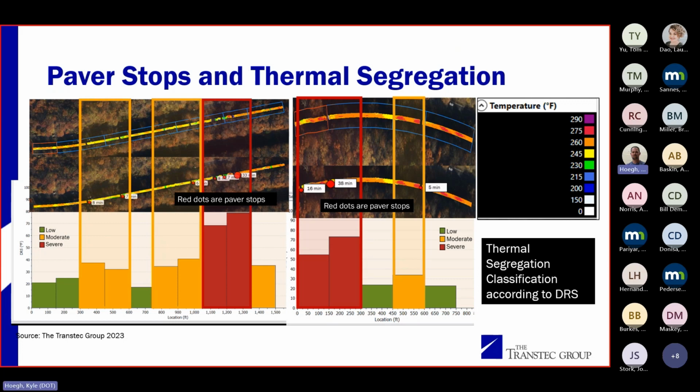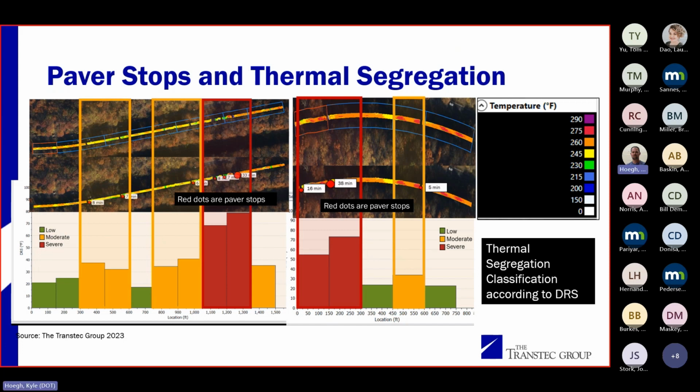All of those little red dots up at the top indicate a paver stop, and each has a duration. The bigger the dot, the longer the duration. We're ranging from 7 minutes up to nearly 40 minutes. With each paver stop, there are lots of things happening. We're cooling, material is sitting around, and the rollers can't get up there to compact it.